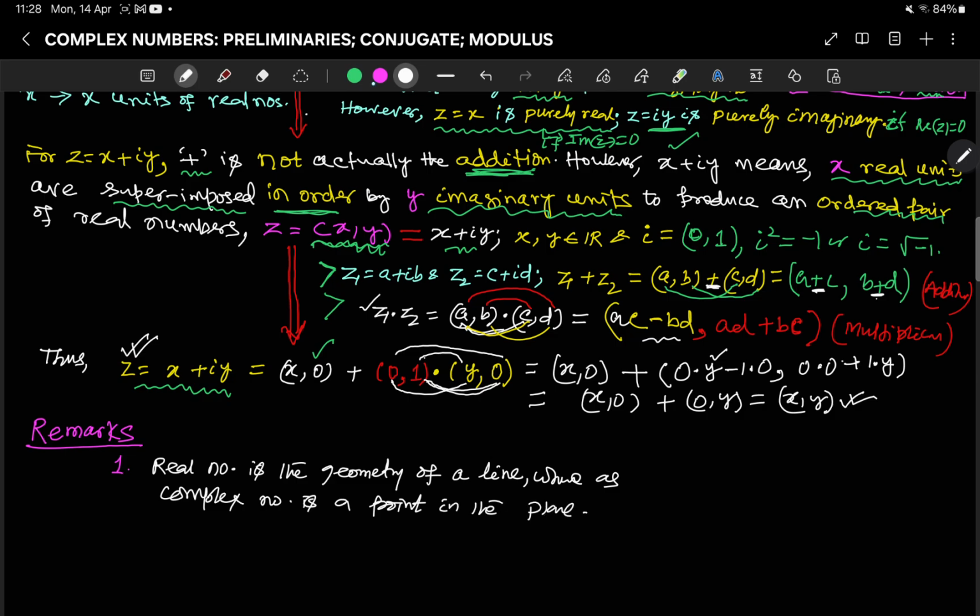That means I can say this is my real line. If I want to denote, it is my 0. If I want to denote, it is my half. If I want to denote, it is my 1, and so on.